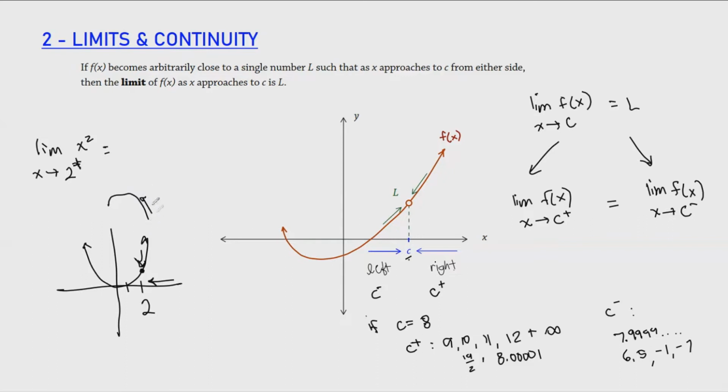You just have to follow the direction of our x. Okay? And in this case, this is called a right hand limit, as what I've mentioned before, the designation for all the values of C that is at the right. And if this is negative, then we call this the left hand or the left-sided limit.